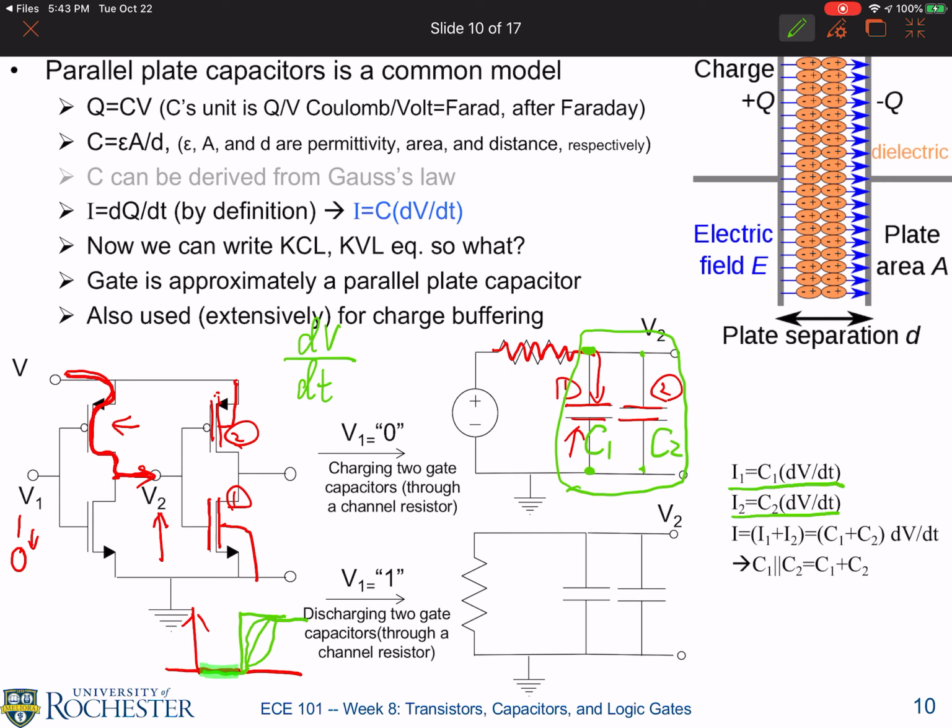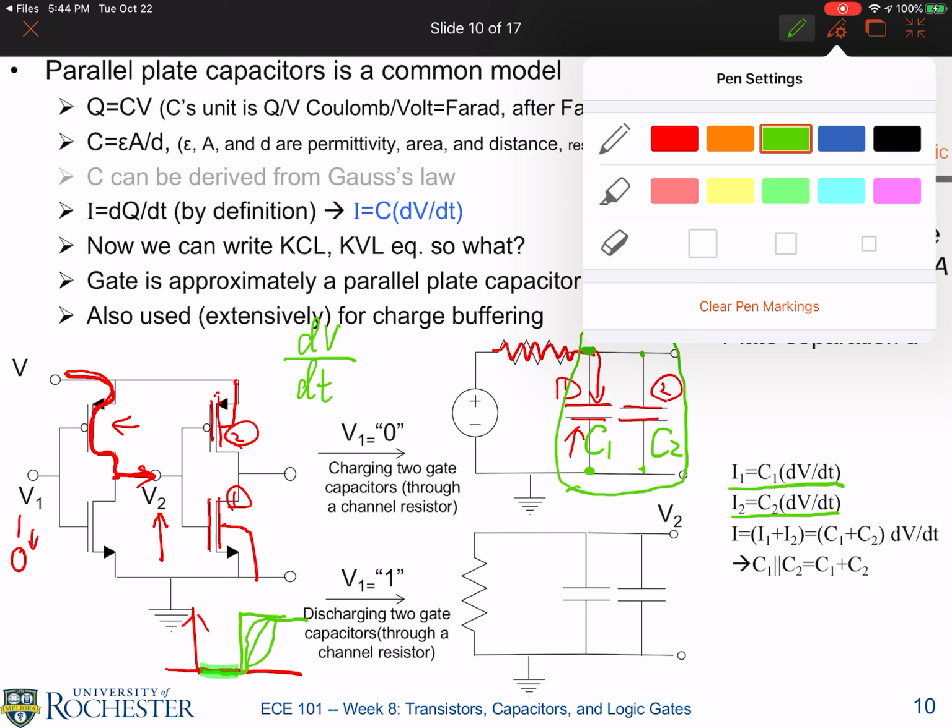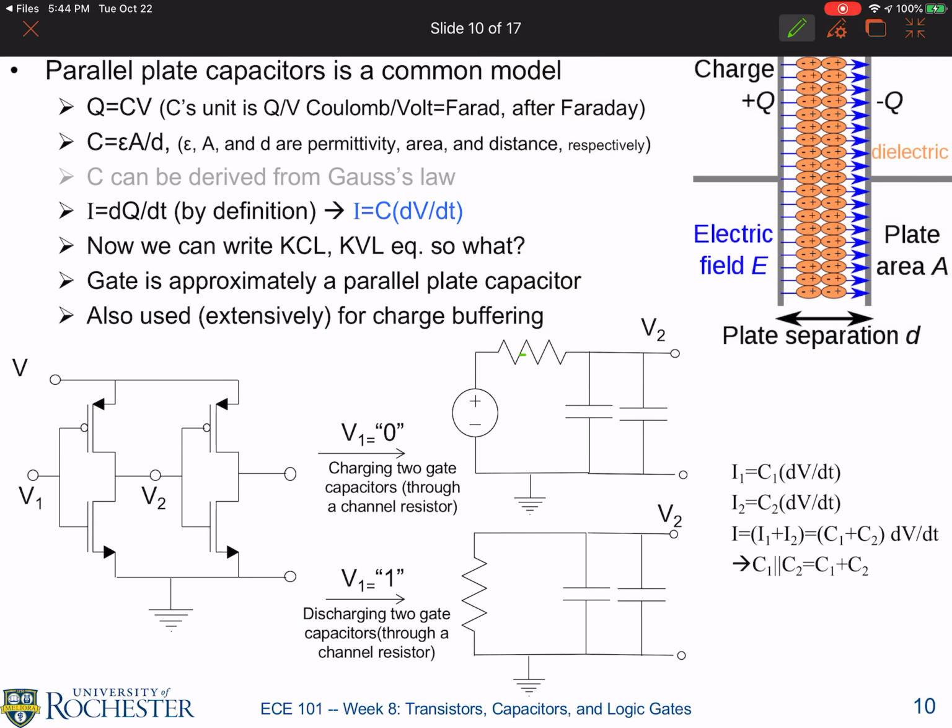And according to KCL, there is I1, there is I2, so the charging current I that comes in is the sum of them. If I look at this as an equivalent circuit, I is just I1 plus I2, which according to our derivation is C1 plus C2 times dV/dt.